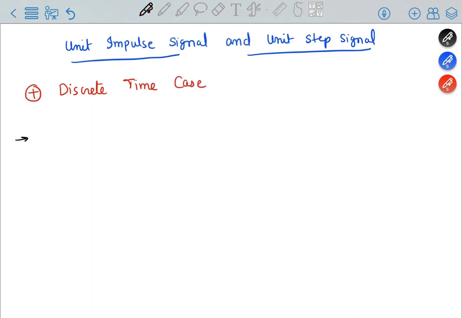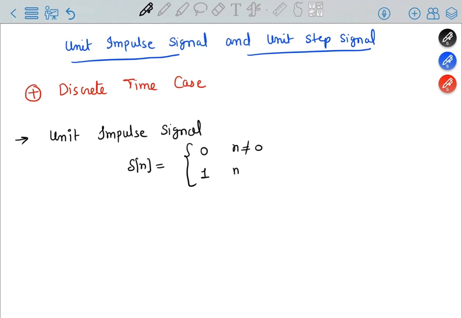So let's see the definition of the unit impulse signal. The unit impulse signal is defined as del n, which is equal to 0 when n is not equal to 0, and it takes a value of 1 when n is equal to 0. So this is the basic definition, and how can we visualize it?